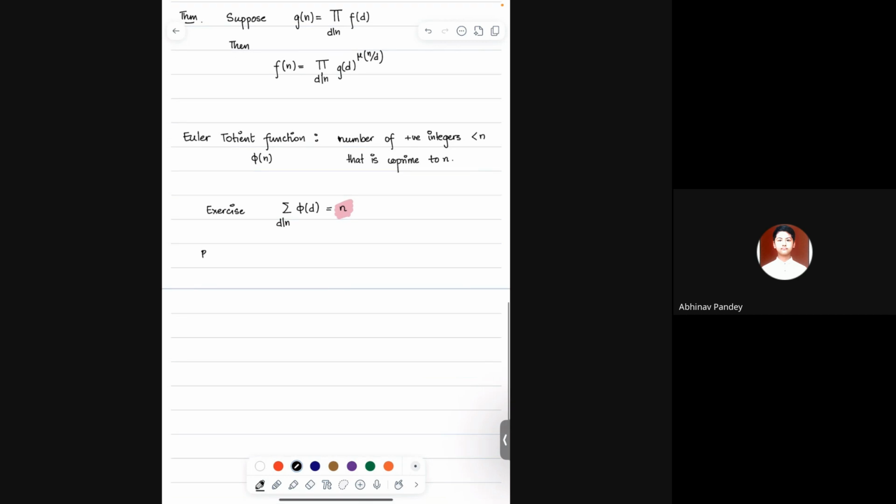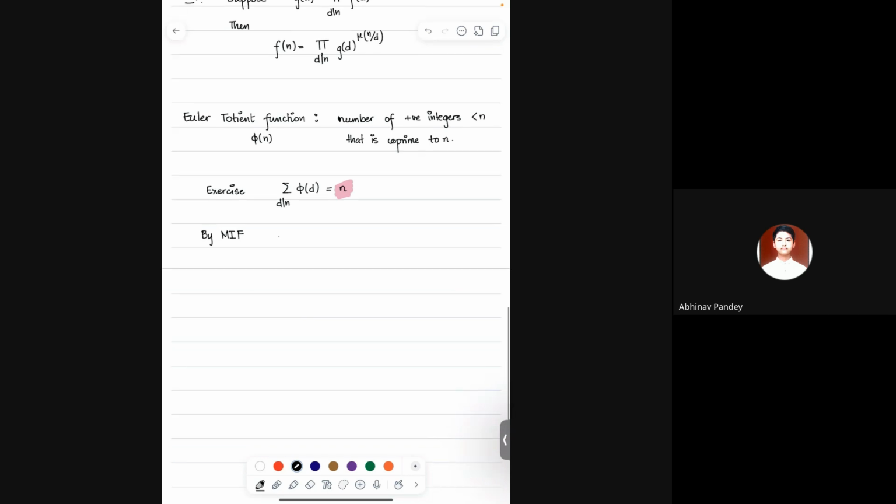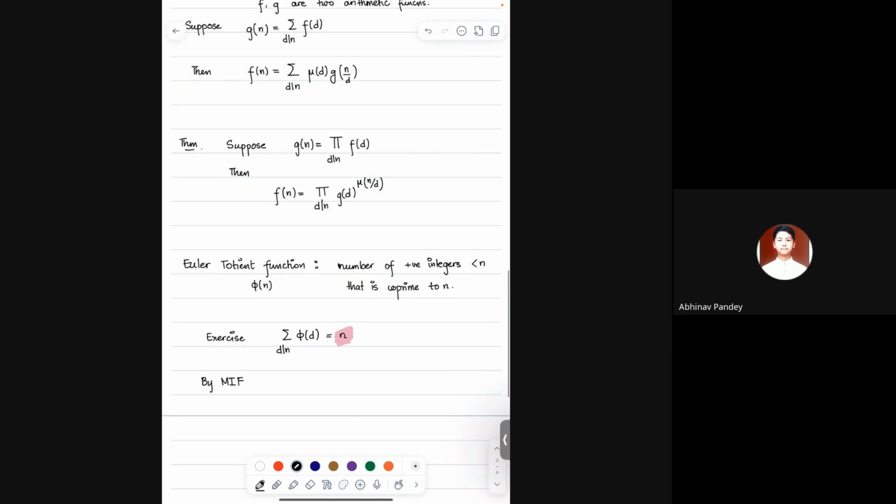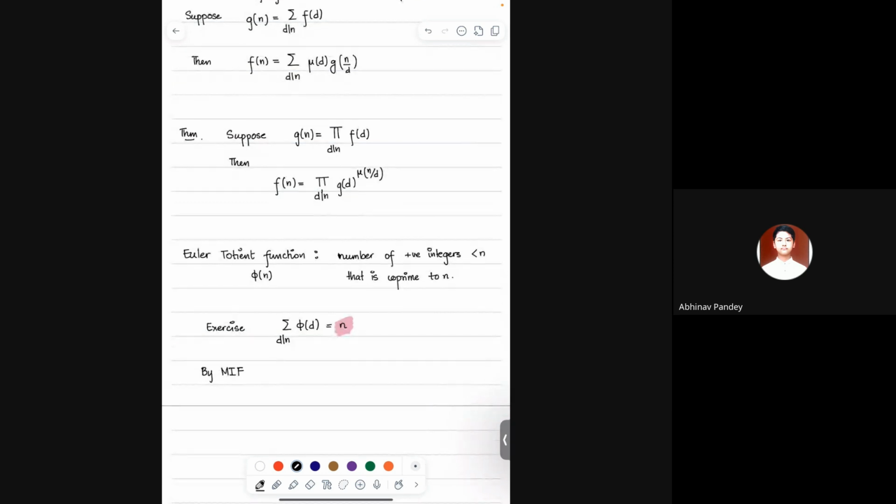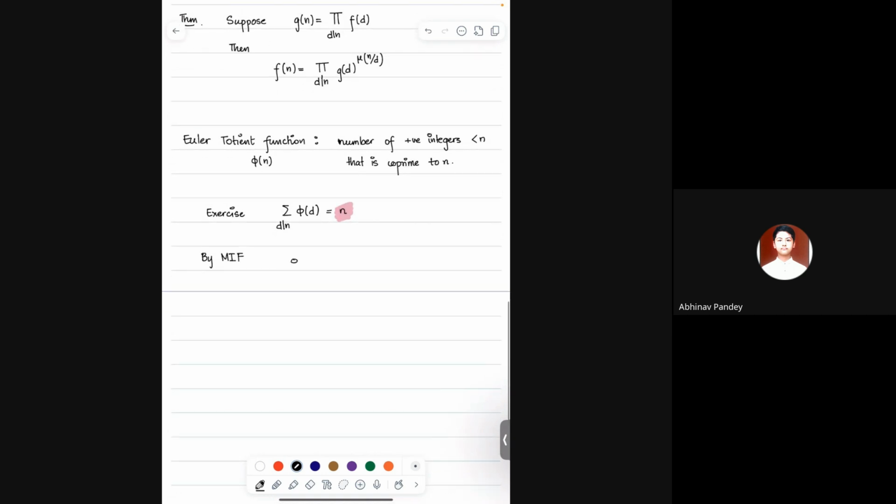So by the Mobius inversion formula, what does it say? It says phi(n) can be written in terms of g, which is my identity function. So phi(n) is the summation, where the sum goes over the divisors of n, of the Mobius function mu(d) times g(n/d), but my g is just the identity function.